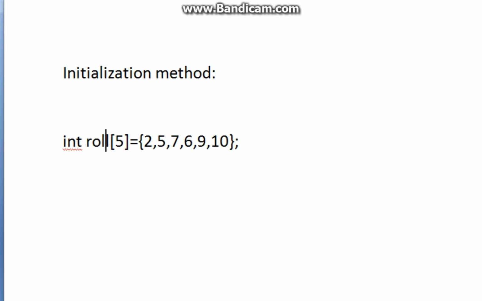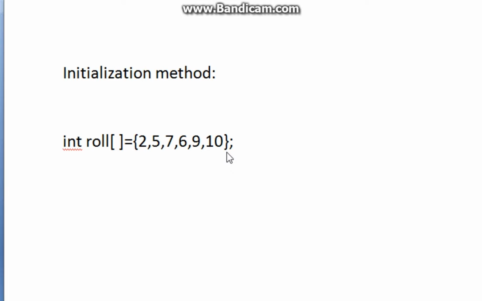This is how we can initialize any array, and if we leave the size empty, we have no problem with the syntax, because the number of elements in the array is 6. So implicitly the size of the array will become 6.